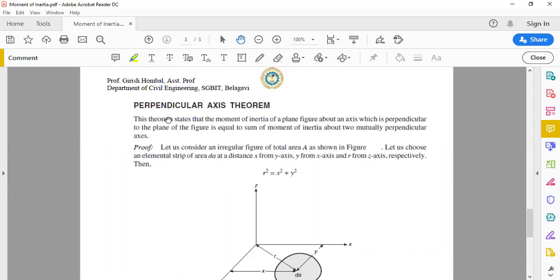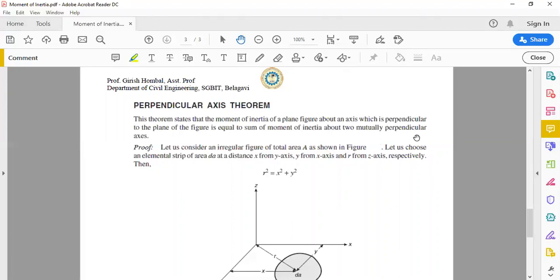So what does this theorem state? The moment of inertia of a figure about an axis which is perpendicular to the plane of the figure is equal to the sum of moment of inertia about two mutually perpendicular axes. We have x-axis, y-axis, and z-axis.